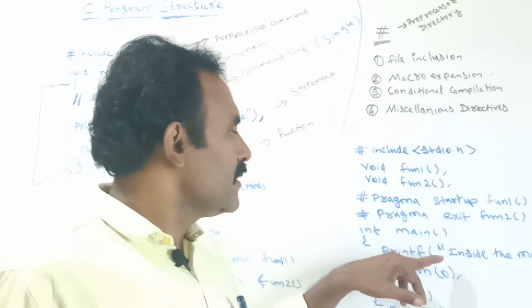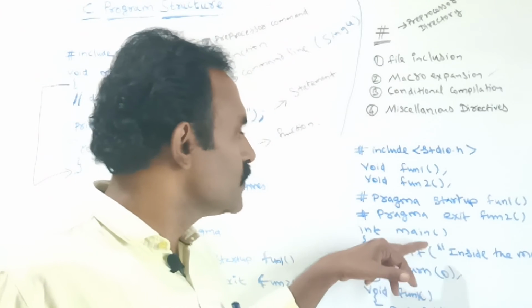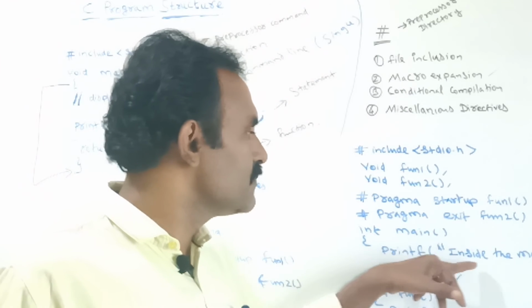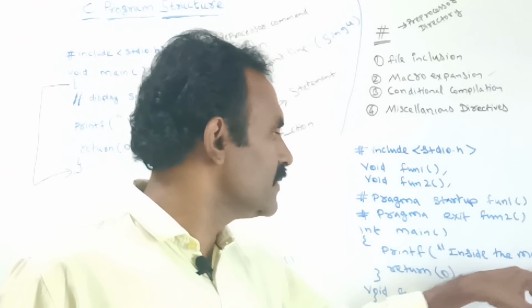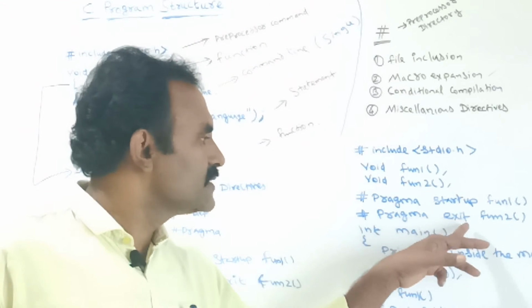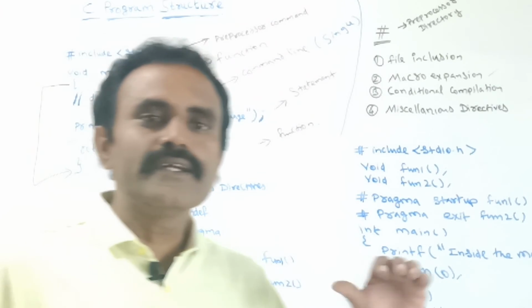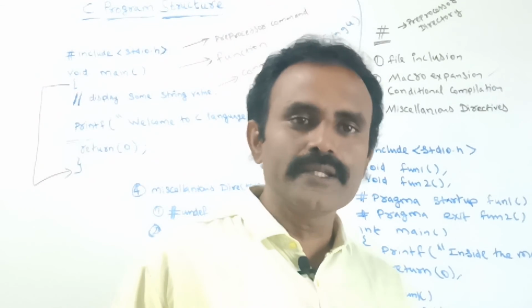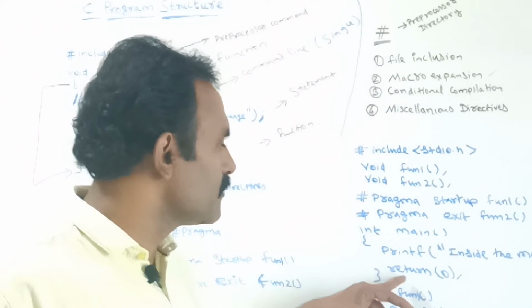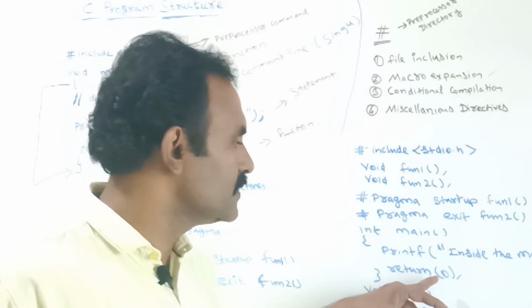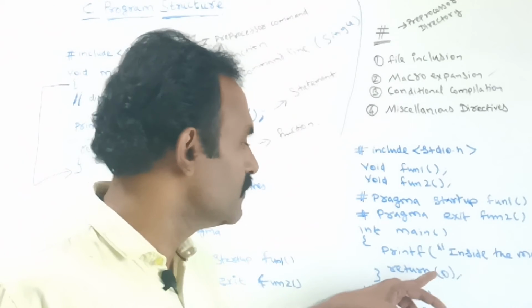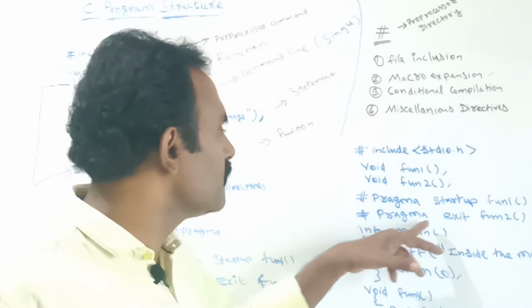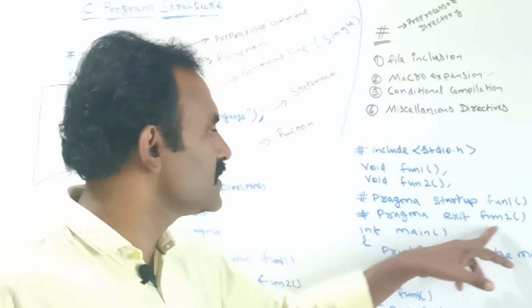The exit function will be executed before terminating the program. Here return 0 is used to terminate the program, so before terminating, the pragma exit function will be executed.